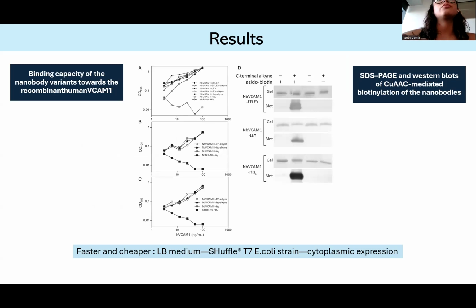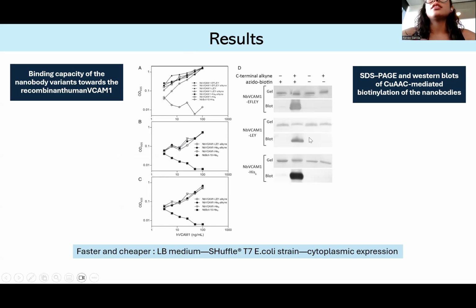So as for the results of the ELISA test, we can see here that all nanobodies, independently of the construct, have almost the same binding capacity, which tells us that they are all active for targeting VCAM1.